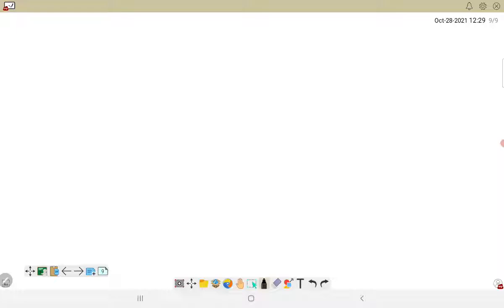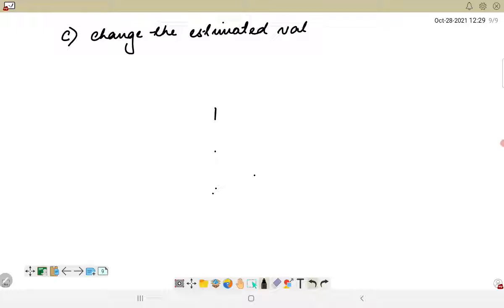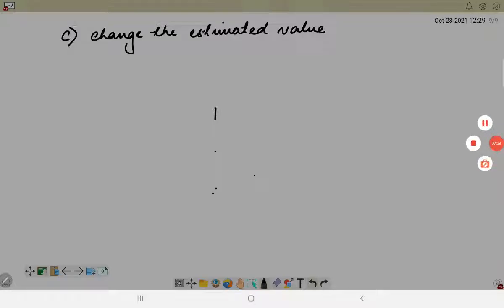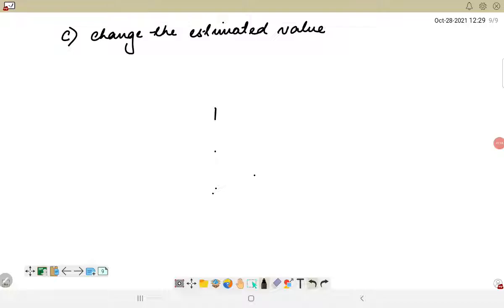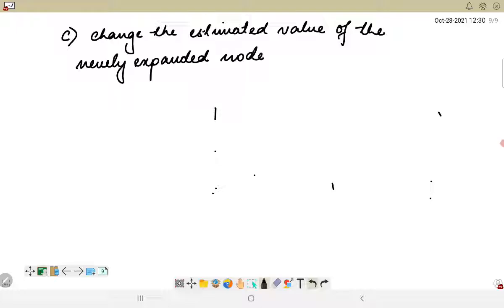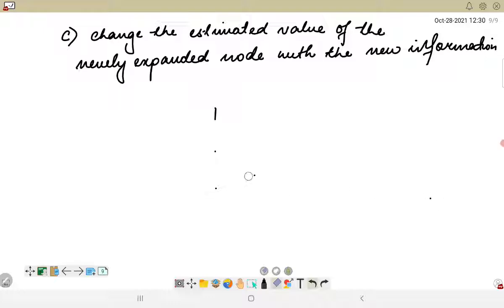And the third step is, now we will change the estimated value of the newly expanded node to reflect the new information provided by the successors, which will help us to select the direction of the search.